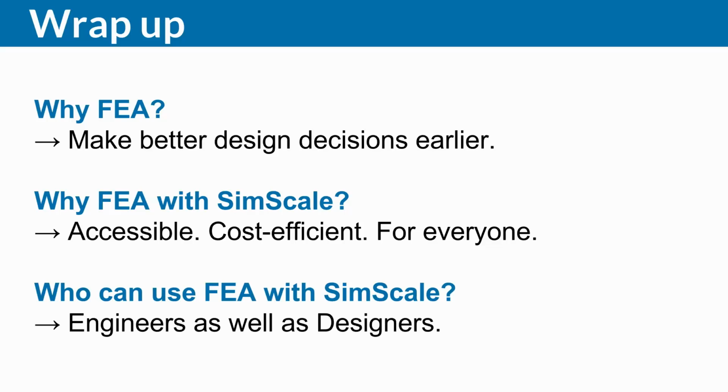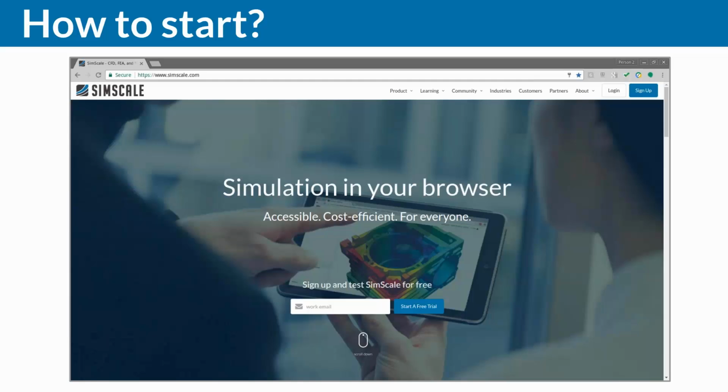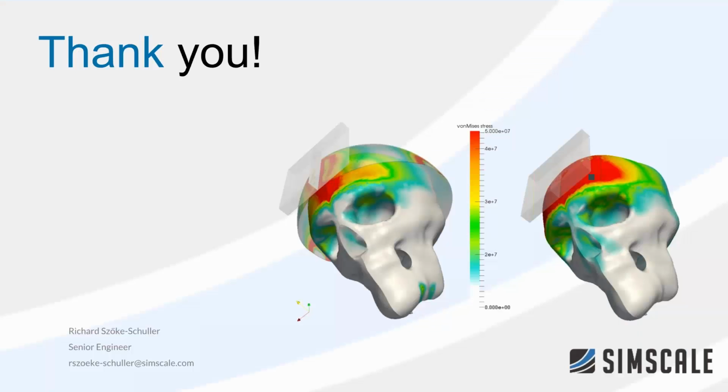Who can use SimScale? Of course, not only engineers, not only numerical analysis specialists, but also pure designers. Okay, how to start? I showed you. Go to simscale.com, sign up, and test your models.